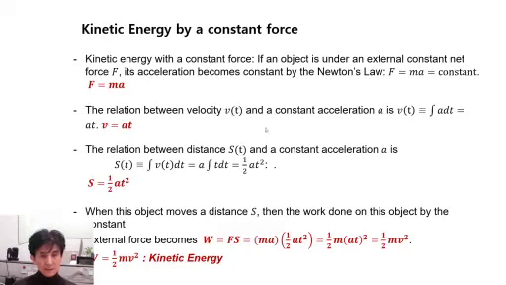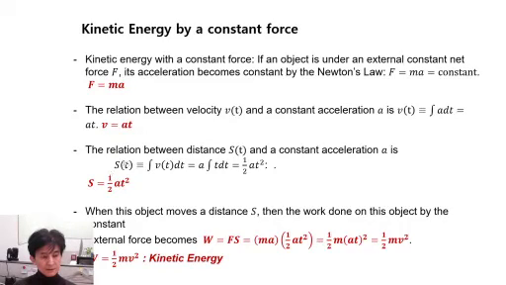And if the acceleration is constant, then the velocity is the integral of acceleration, and the integral of a constant becomes the constant times the time t. So we have v equals a times t if acceleration a is a constant.